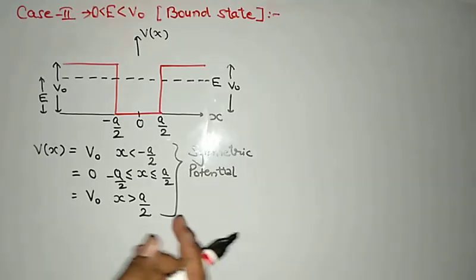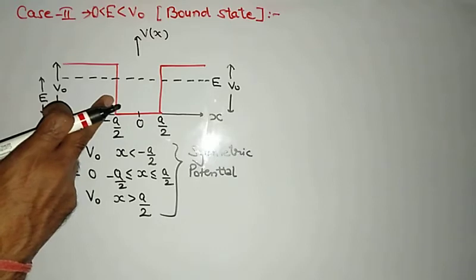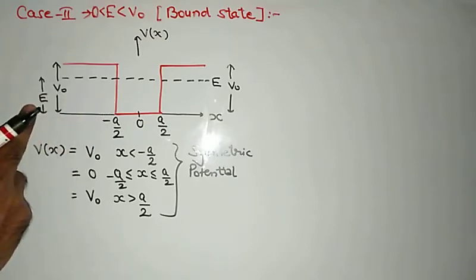Now classically, when E is less than V naught, this particle will bounce back.